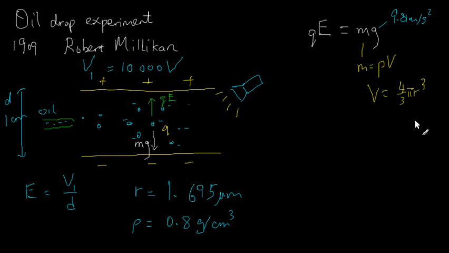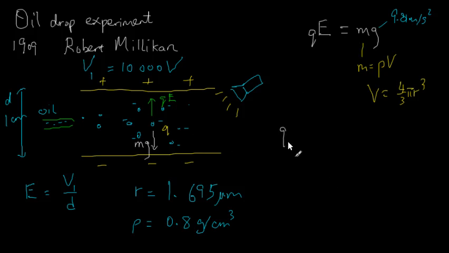Therefore, once we know the radius, we know the volume, and once we know the density, we know the mass. So we would know all of these numbers. Putting all these into the equation, we can solve for Q.